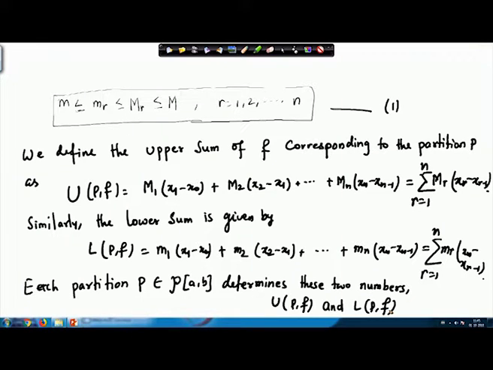So each partition determines these two numbers. You can see that they are basically numbers because upper and lower bounds are numbers, and x1, x2, x3 are points on the real line, so their difference is also a number. Ultimately we obtain two numbers with the help of this partition P.